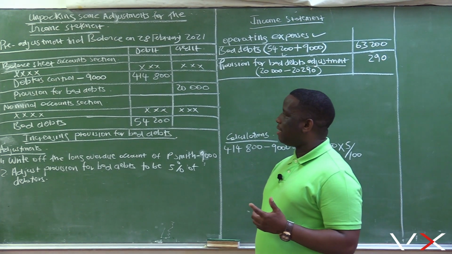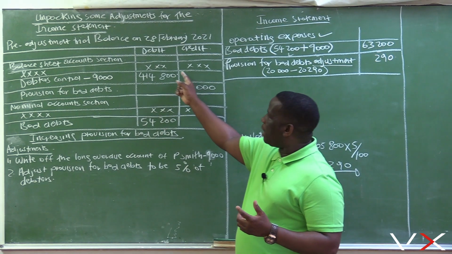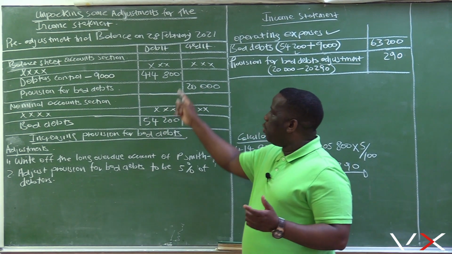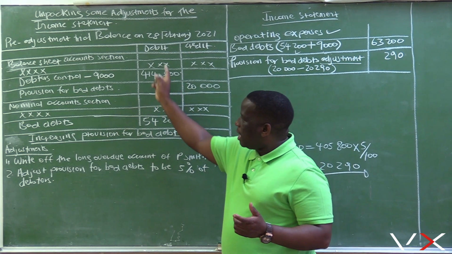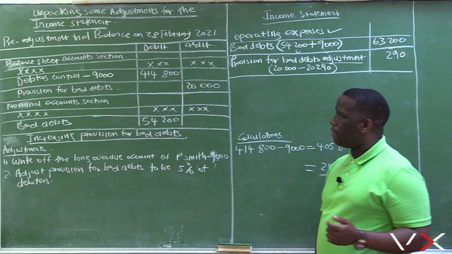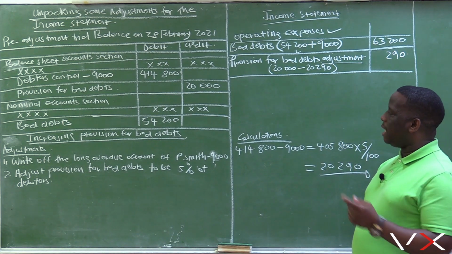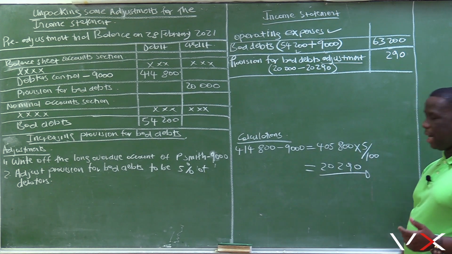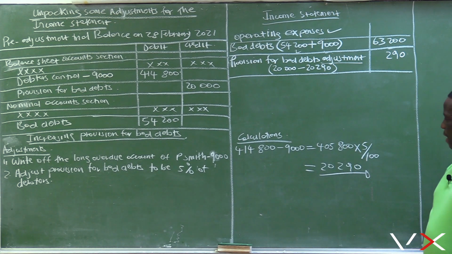In that case, you won't work with the amount given, like 414,800. You would have to consider that bad debts of 9,000 have also been written off, so you subtract the 9,000 to work with the correct amount, which is 405,800.